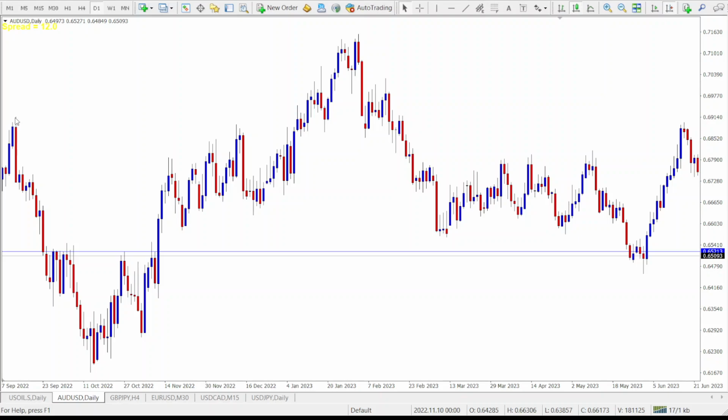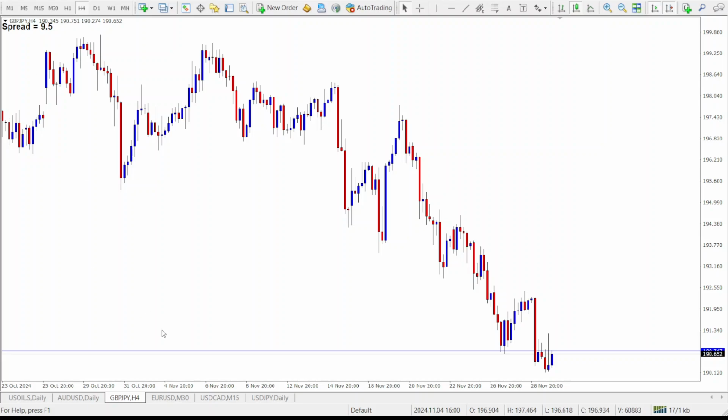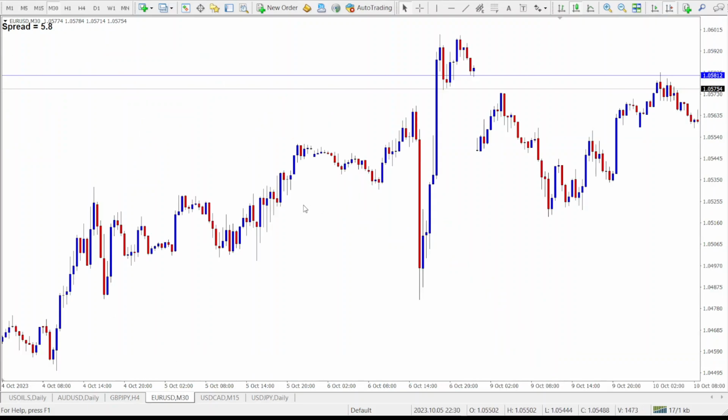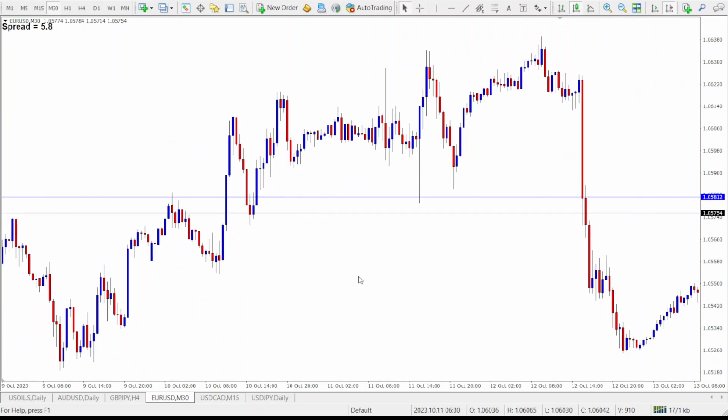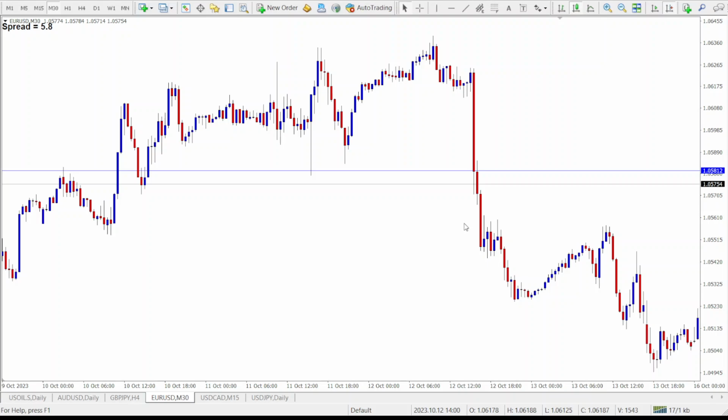The spread indicator can give you good insight as you navigate across different currency pairs and find precise spread values. You can then make your decisions as to which currency pair you want to focus on at a given time.